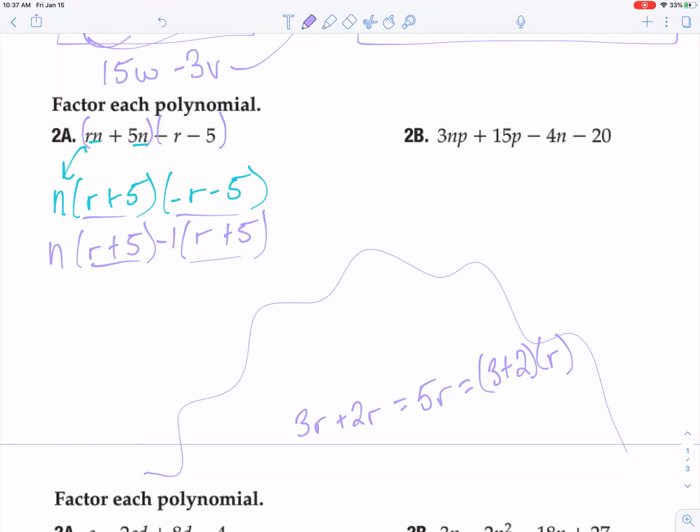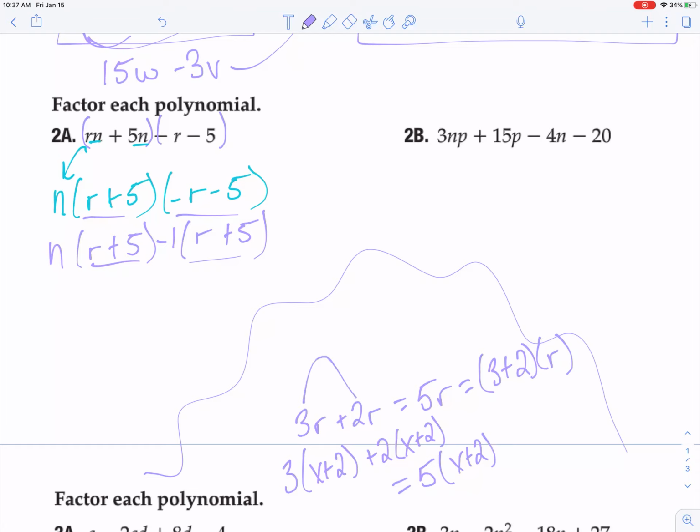But instead of it being 3R and 2R, I'm going to say, hey, I have 3 times x plus 2 and 2 times x plus 2. How many total x plus 2's do you have? Well, there are 5 x plus 2's, right?